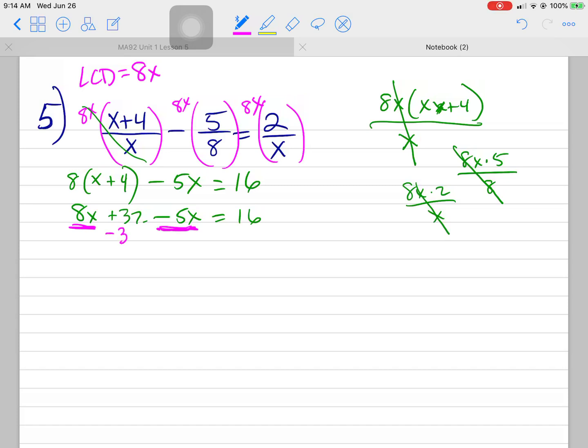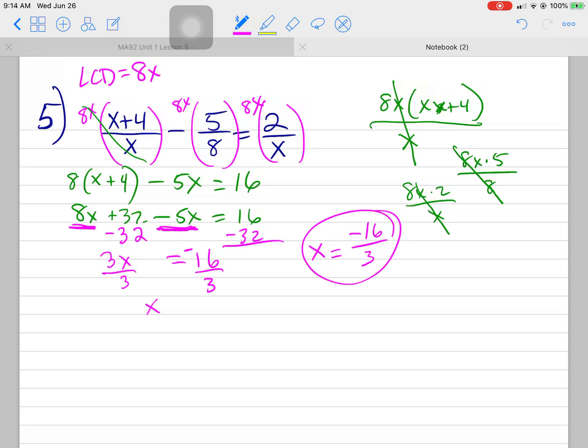And then we want to move this 32 to the other side. That's going to equal 16. 3 into 16, oops, that was a negative 32, so that's negative there. So x, here, let me write it up here. x equals negative 16 over 3 for number 5.